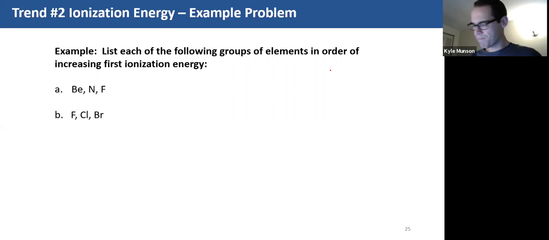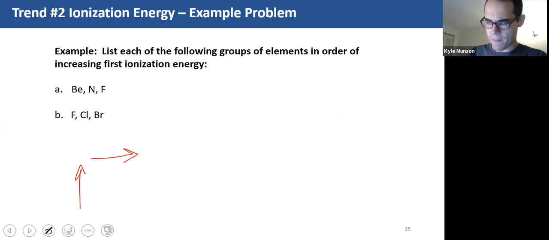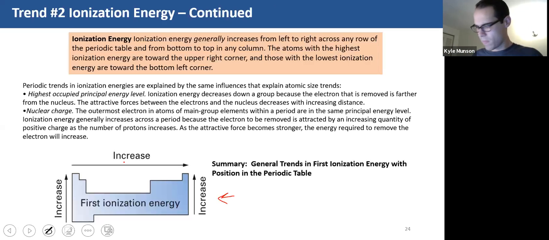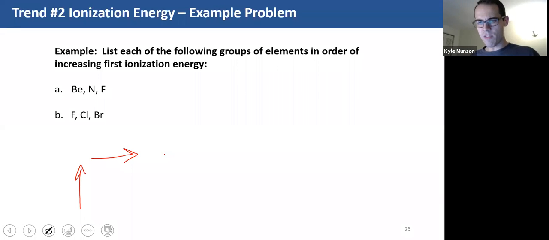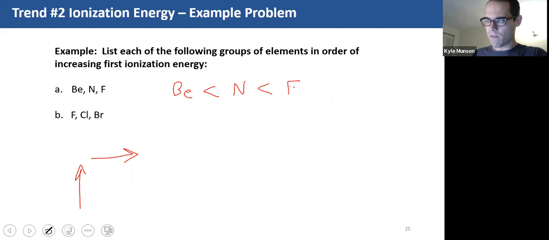And remember, our trend is up and to the right. Increasing, going up and to the right. So if it's increasing going to the right, they're all in the same period here, so it's going to be beryllium, then nitrogen, then fluorine.